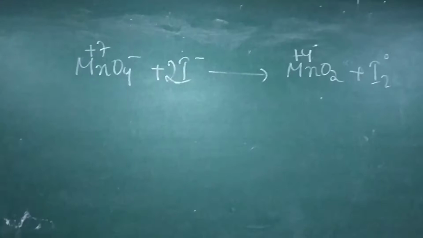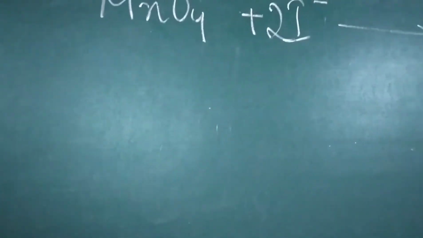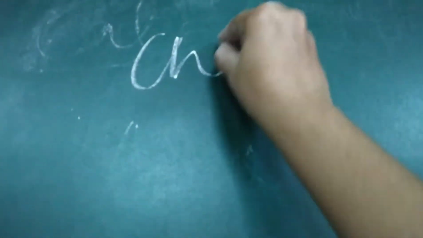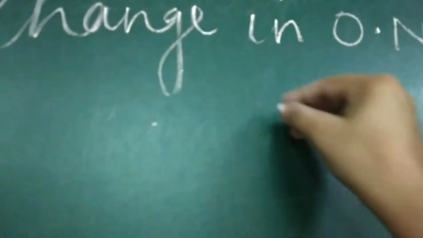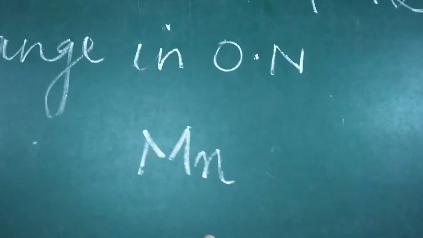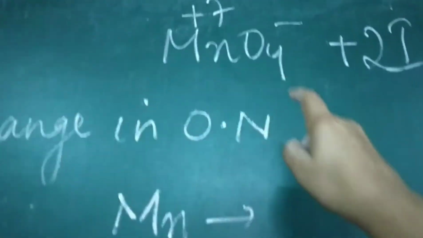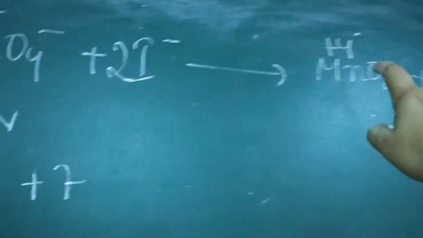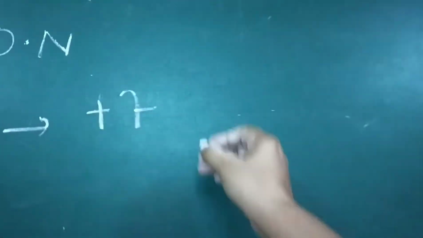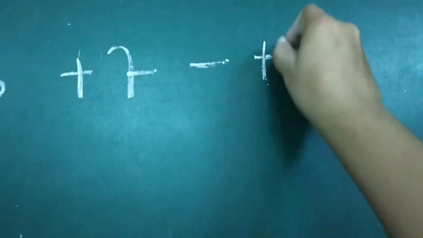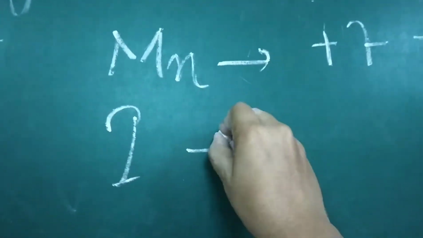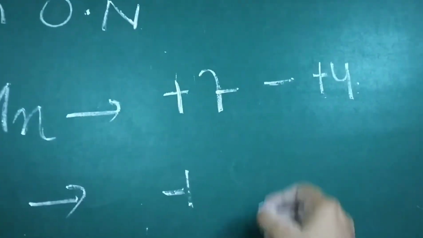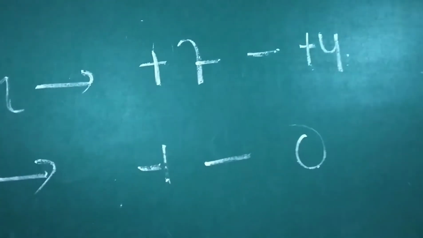Now the second step is to find the change in oxidation number. For manganese, the oxidation number is +7 on the reactant side and +4 on the product side, so it goes from +7 to +4. For iodine, it goes from -1 to 0.